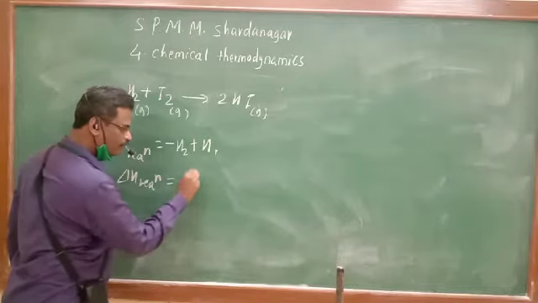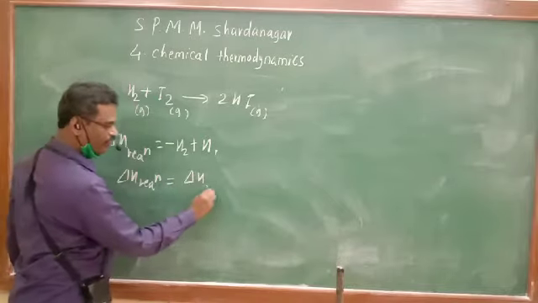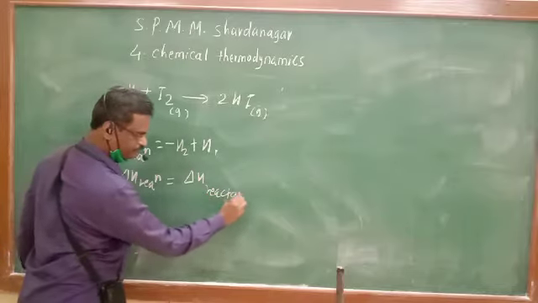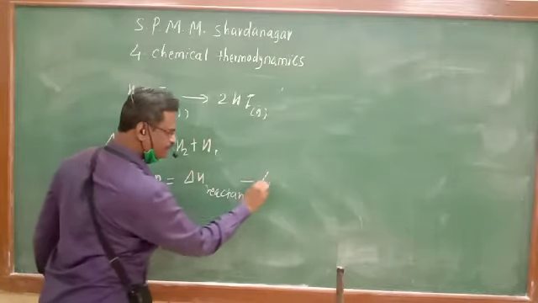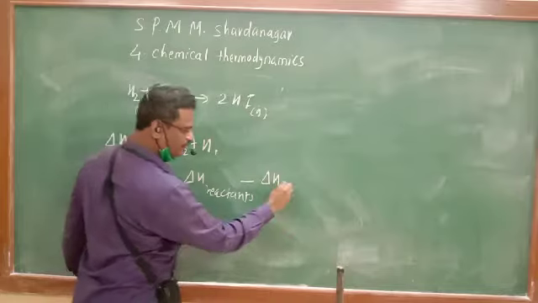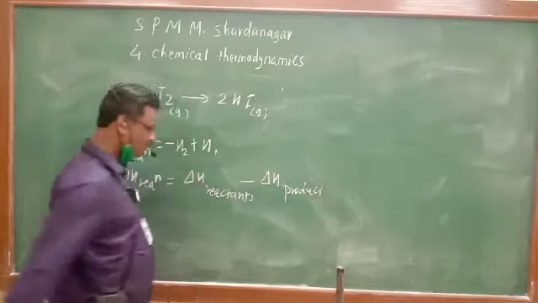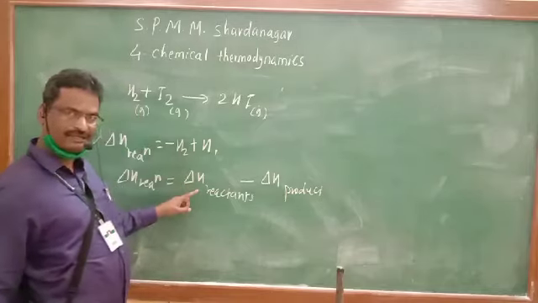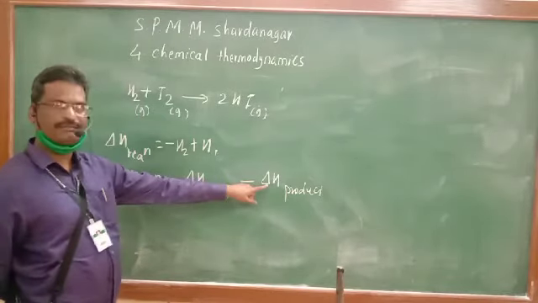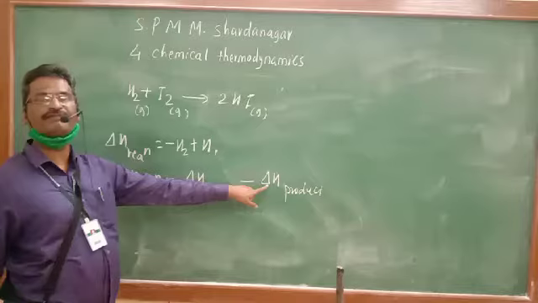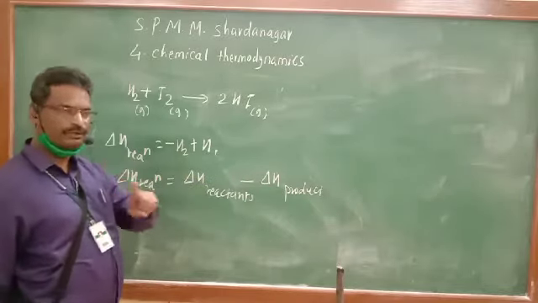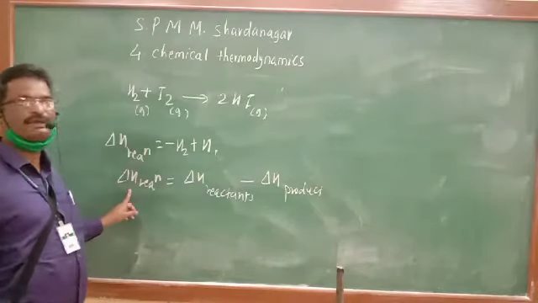It is bond enthalpy of reactants minus bond enthalpy of products. Summation of bond enthalpy of reactants minus summation of bond enthalpy of the products will give us the enthalpy of a reaction.